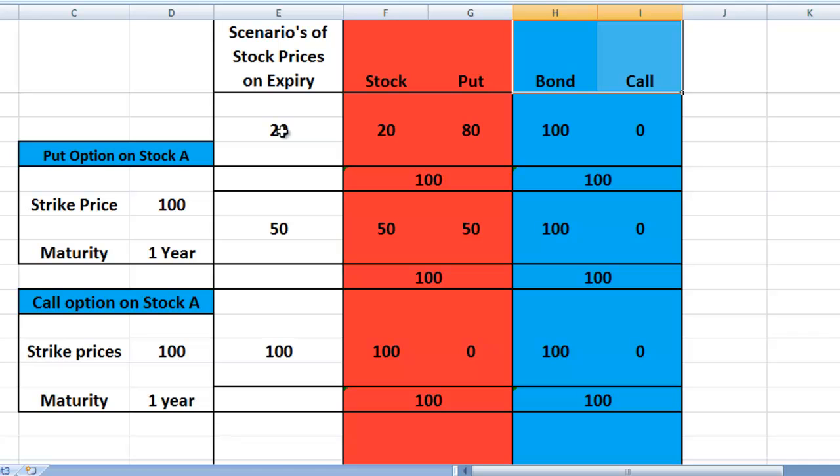And if on the date of expiry their values are always equal to each other, that means even today or at any point of time the value of stock plus put should always be equal to bond plus call, and this is essentially what is called put call parity.